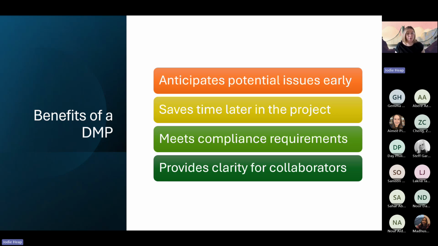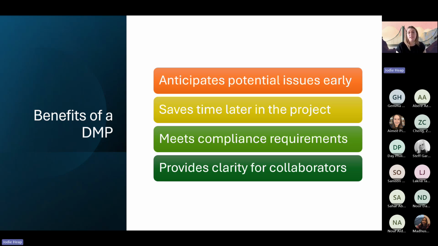If we already know that Jodie is the librarian who supports depositing data at the end of the cycle, and Billy Bob from IT is the person we need to talk to about getting that secured, private OneDrive storage access whilst the data is live, it just makes that process a little bit easier if we know the routes that we need to go down as we're progressing.